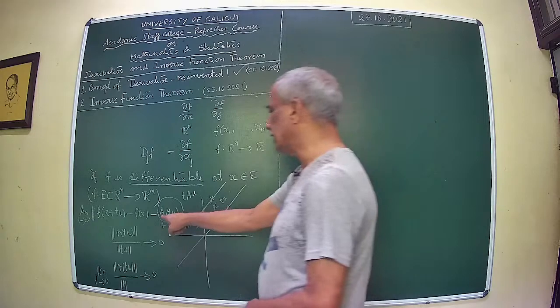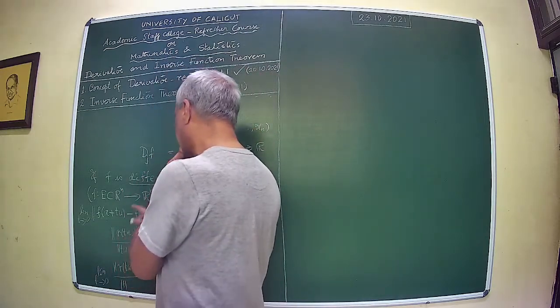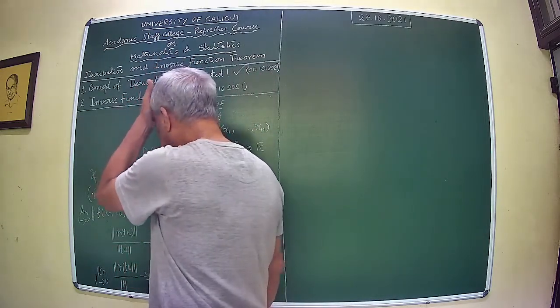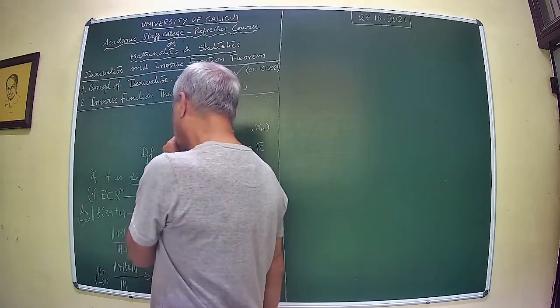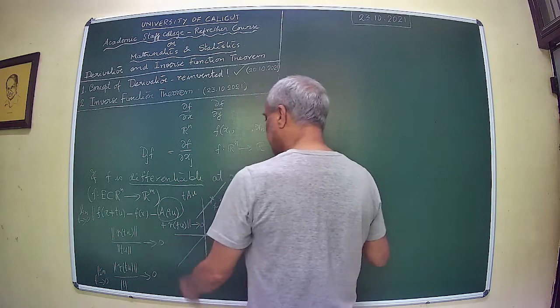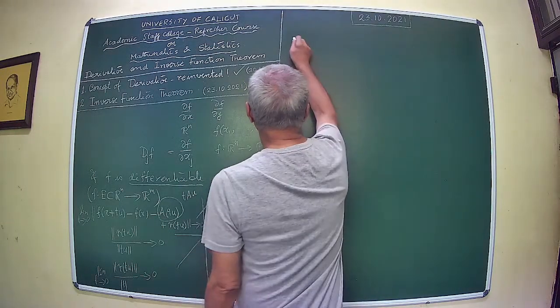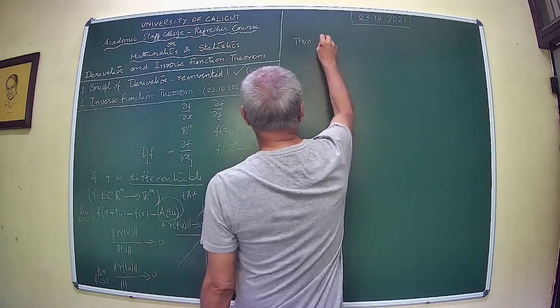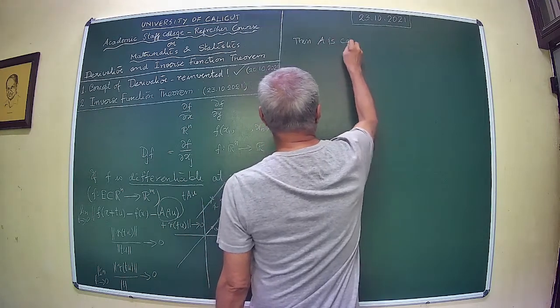So, if such a linear transformation exists, then this is what you call the derivative along the direction. If this limit exists, then A is called the derivative.